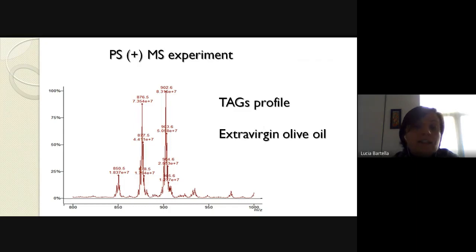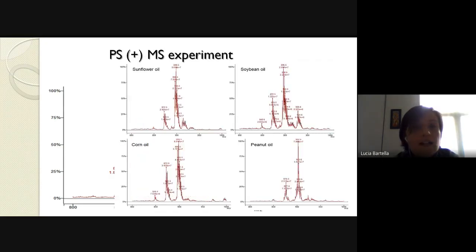This is the mass spectra relative to the TAG profile of extra virgin olive oil. Well, these are the TAG profile of other vegetable oils: sunflower, soybean, corn, and peanut oil.